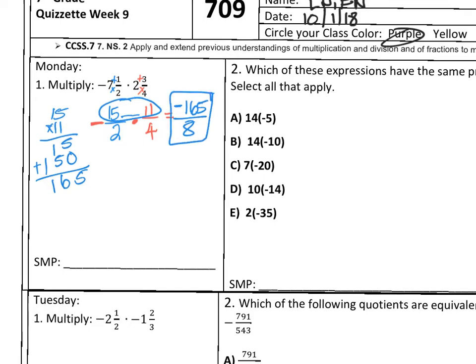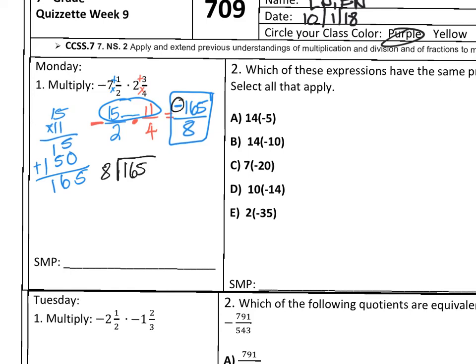Now I want to turn it into a mixed number, or a mixed fraction, or even a decimal. Let's see if we can do both. So I'm going to divide the numerator by the denominator. So here I have 165 divided by 8. Remember, the top number always goes inside, the bottom number goes on the outside of the division.